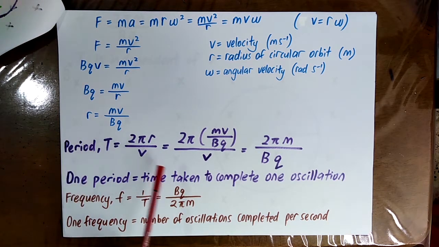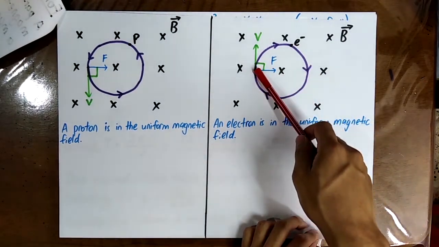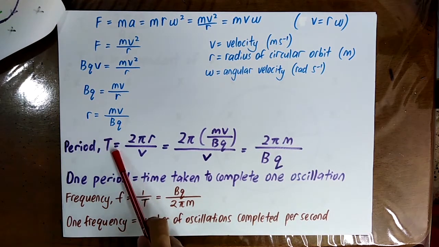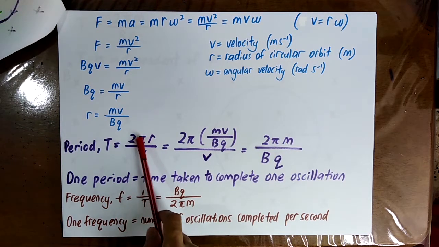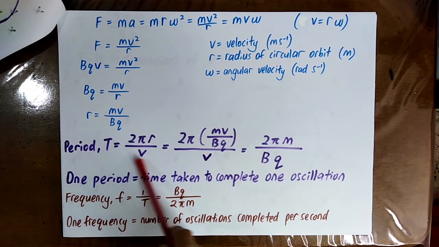One period is the time taken for the charged particle to complete one oscillation. That means the time taken for the electron from here to here again. Okay, so the period is equal to the distance moved by the charged particle in one cycle divided by the linear velocity.